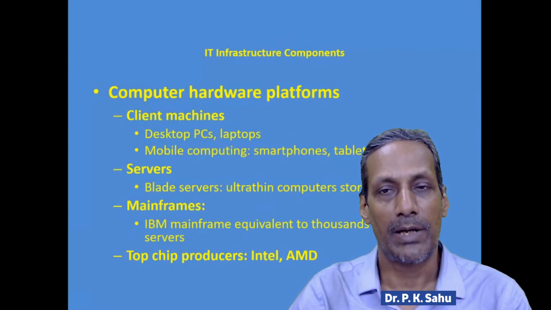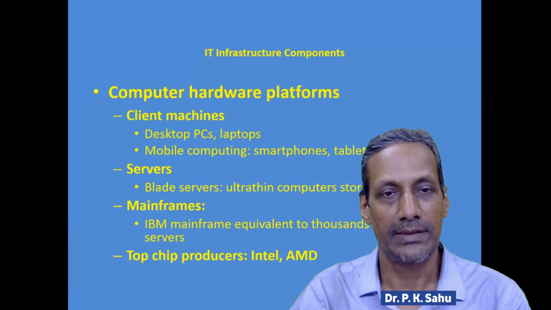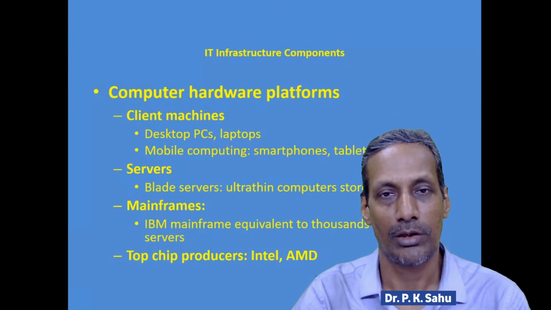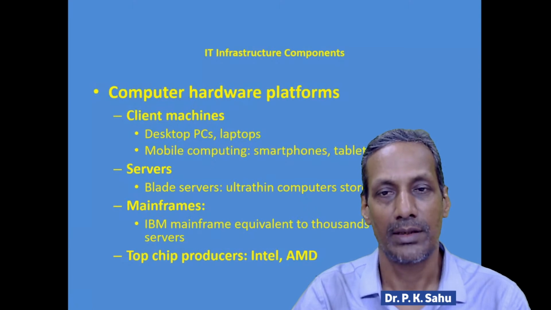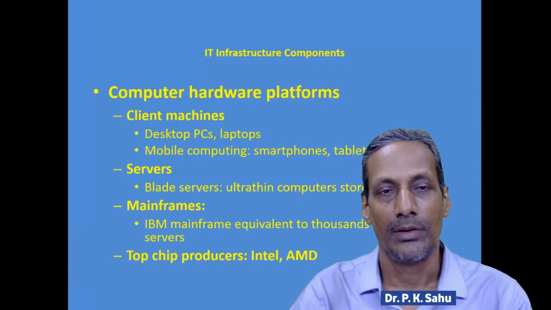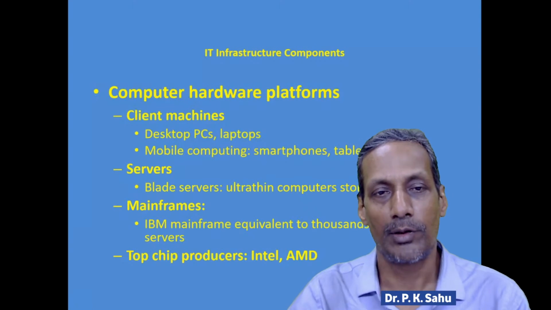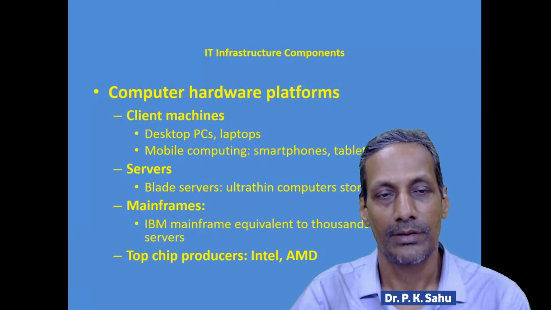The computer hardware platform is made up of client machines. There are a variety of computing machines which you can use, but the most famous ones, as you all use, are the desktop personal computers and the laptops. You also have mobile computing machines like smartphones and tablets. The clients are served by more powerful computers called servers. You can have servers of various types.